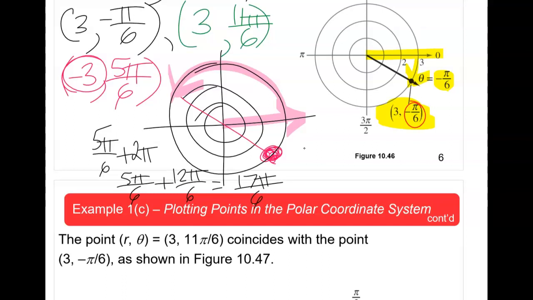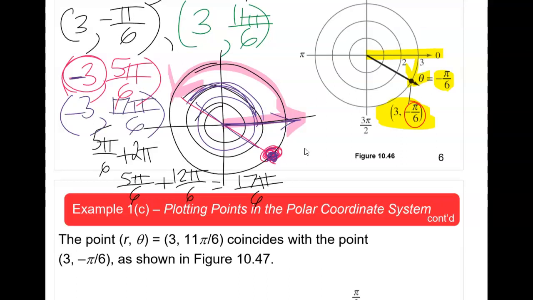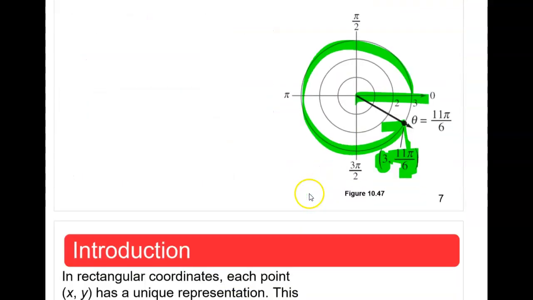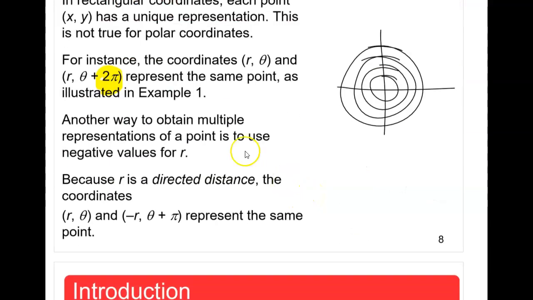So that angle will be one full rotation and then another 5 pi over 6. But remember, the radius was negative, so the point will still be here. So that is what we meant in that previous slide. So we could say -3 comma, and the angle could be 17 pi over 6, and that will be another representation of the exact same point.